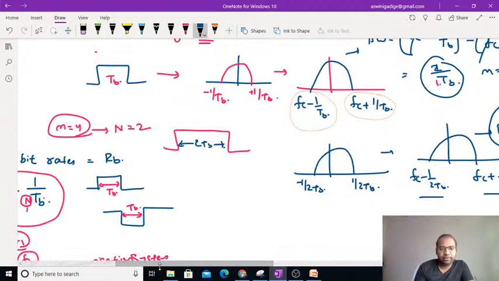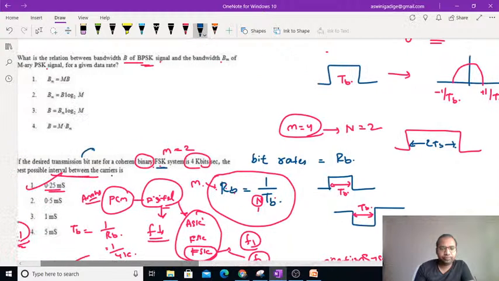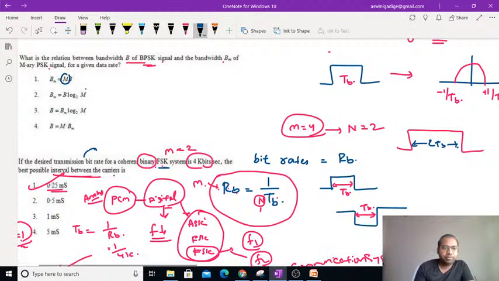So we will check whether this option is there or not. But here in all the options M is represented. There is no N. Now what to do?